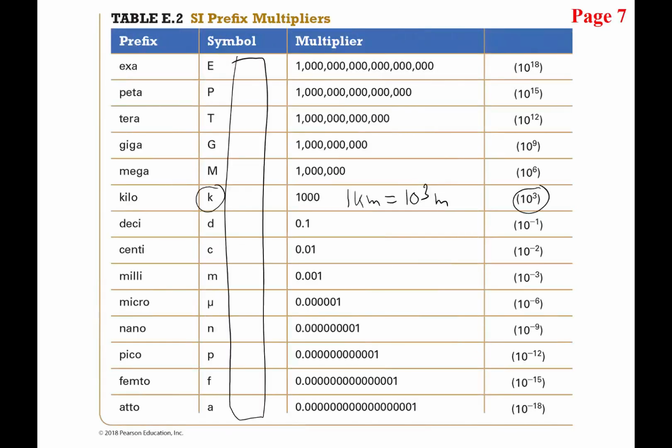Okay, so that's pretty simple. Now let's say I am converting teragrams to gigagrams. You can look at this table and derive the conversion factor by just looking at the prefixes. So if you're going from tera to giga, you're going from 10 to the 12 to 10 to the 9.